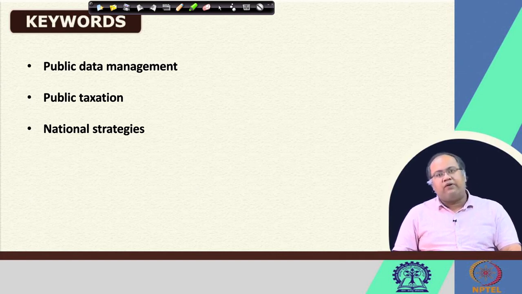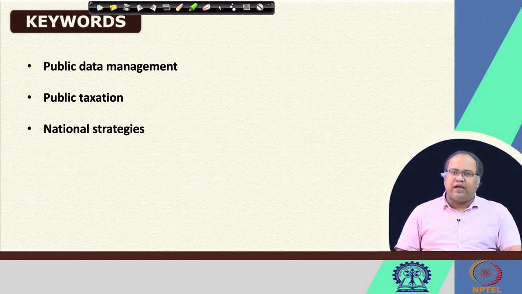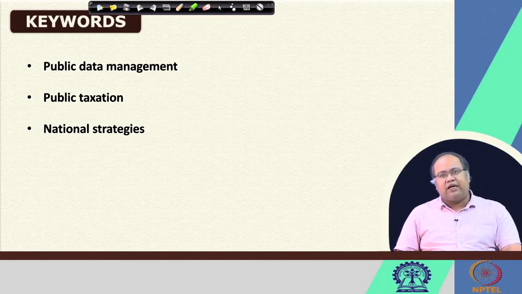And then we will talk about a few of the national strategies that have been taken up by different governments, particularly the government of India, and we will also consider the national strategy that has been taken up by the government of Australia as a case study. That way we will try to get a good understanding of what the applications or use cases of blockchain are.